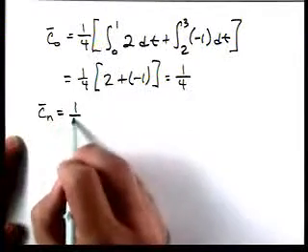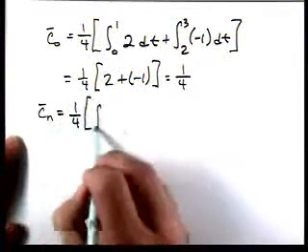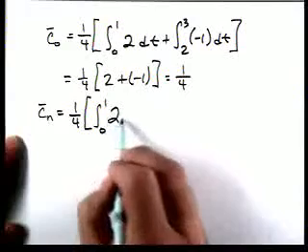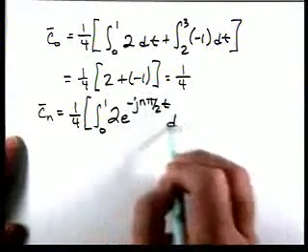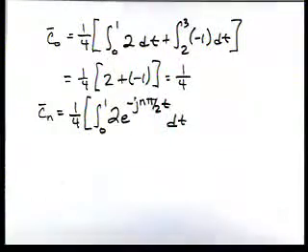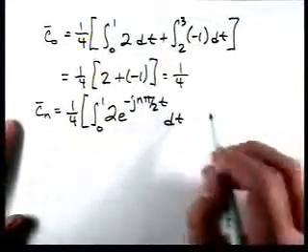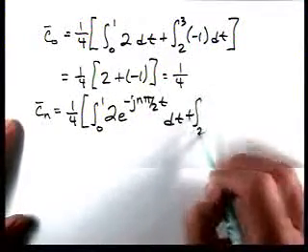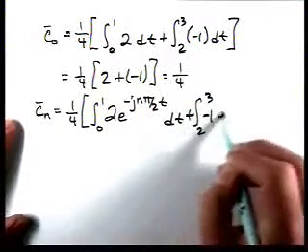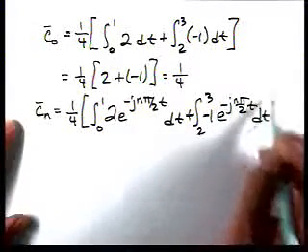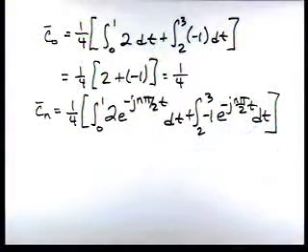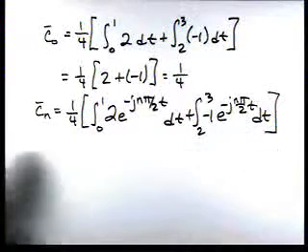Now we can do the same for Cn. We have 1/4 times the integral from 0 to 1 of 2 e to the minus j n pi over 2 t dt. Now remember, omega naught is pi over 2. And then we have the integral from 2 to 3 of minus 1 e to the minus j n pi over 2 t dt. So here's where we're integrating.